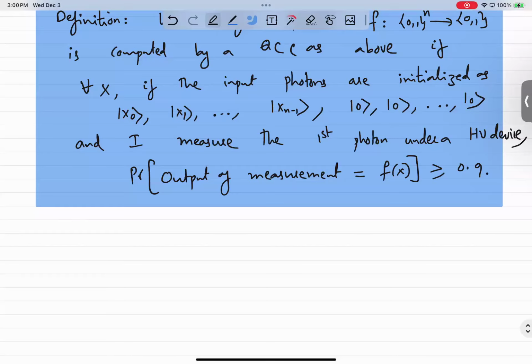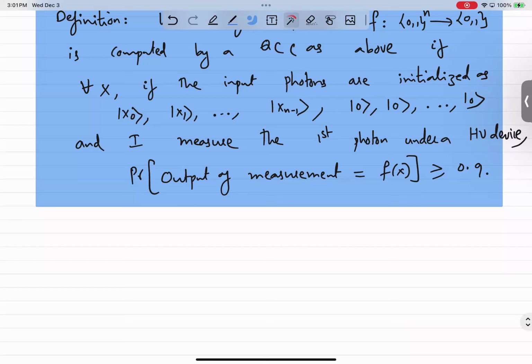Whatever it is, if the input is something, I'll get a 0 or a 1, and the output never changes. Okay. But a quantum circuit, and especially because of the measurement at the very end, is a randomized process. Right? Sometimes I might get a 0, sometimes I might get a 1. Okay. But we are happy as long as the probability that my measurement gives the right answer is at least 0.9. Why 0.9? It's not that important. I can boost this probability as much as I want by repeating the experiment. So let's just fix a constant, which is 0.9. Anything more than a half is good.